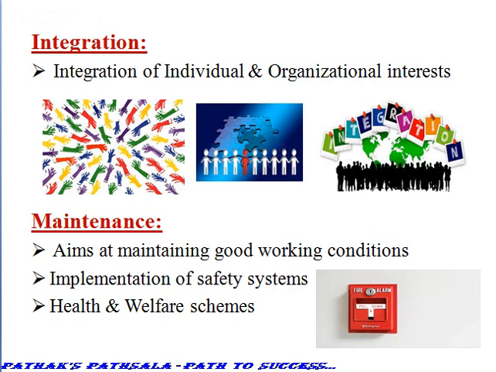There must be suitable safety systems in the employee's workplace, and the human resource manager needs to initiate health and welfare schemes for sustaining and improving the work conditions. Safety systems may include a fire alarm system, and there should be provisions for pure drinking water, etc.